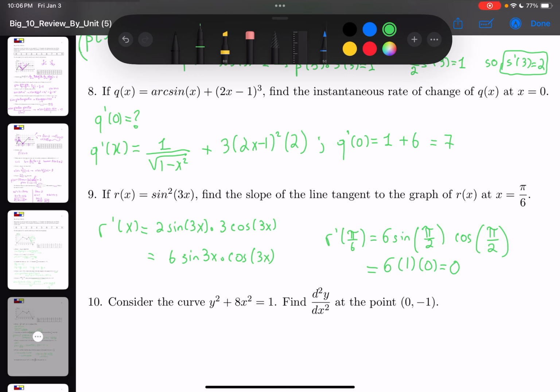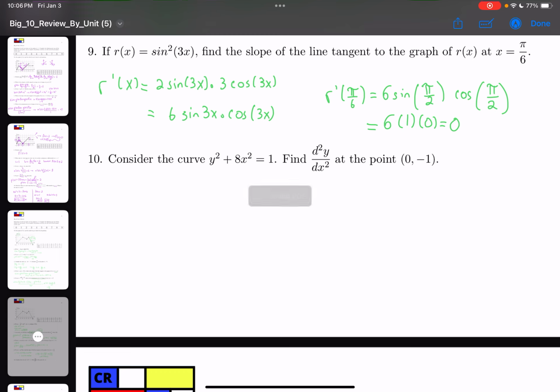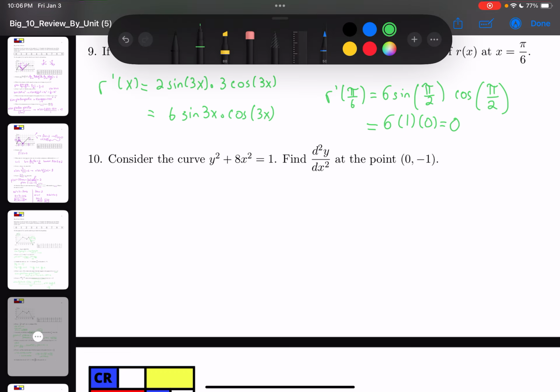So that's my answer. Number 10, consider the curve y squared plus 8x squared is equal to 1. Find d squared y over dx squared at the point (0, negative 1). So to derive it the first time, we're going to get 2y dy over dx plus 16x is equal to 0, because 1 is a constant. And then to derive it the second time, I'm going to use product rule.